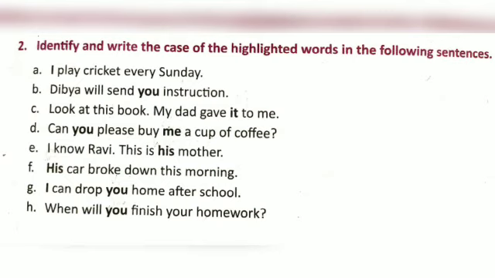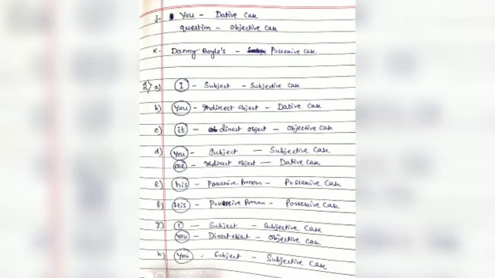Okay, so the last, second one: identify and write the case of the highlighted words. So the first one is I. Here I is the subject, that's why it is the subjective case. Then the second one, you is the indirect object here, that's why it is the dative case. It, so see, it is the direct object, which is the objective case.